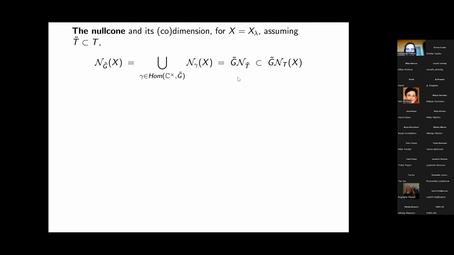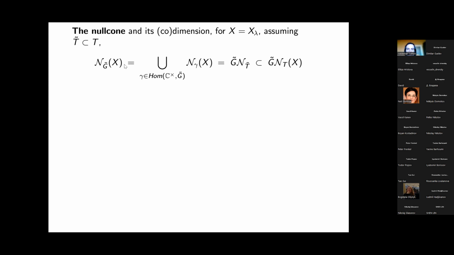So positive weight vectors for gamma. Right? We have a positive weight vector, then it will be pulled to 0. So now every one parameter subgroup of G tilde is conjugate to a one parameter subgroup of a maximal torus by the standard conjugacy theorems for tori in reductive groups.